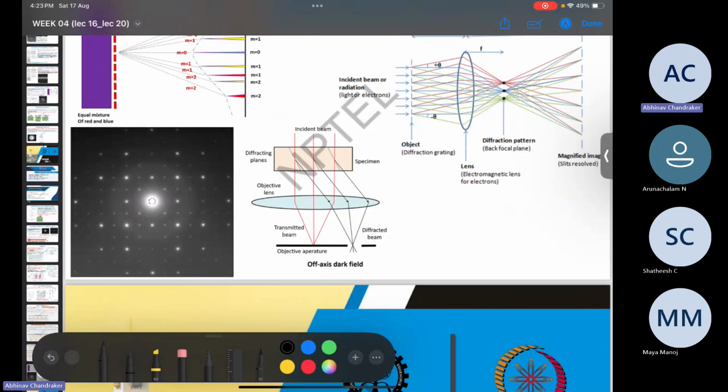So this is the basic principle of diffraction, and how atoms in a crystalline material can cause diffraction.